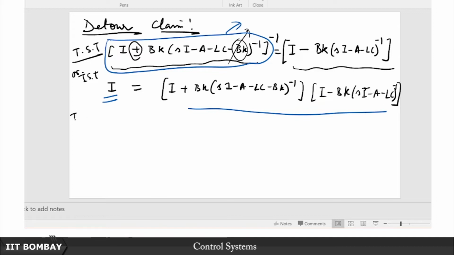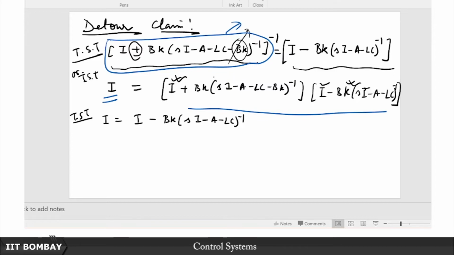How can I show that? In order to do that we have to show that I is equal to, now let me just openly multiply this. First I multiply this with this, I get identity, next I multiply this with this and I get minus bk times (si minus a minus lc) inverse.